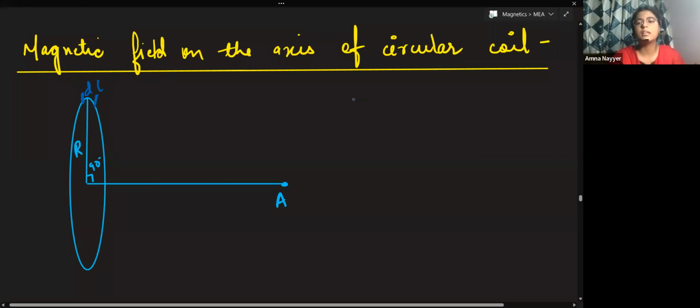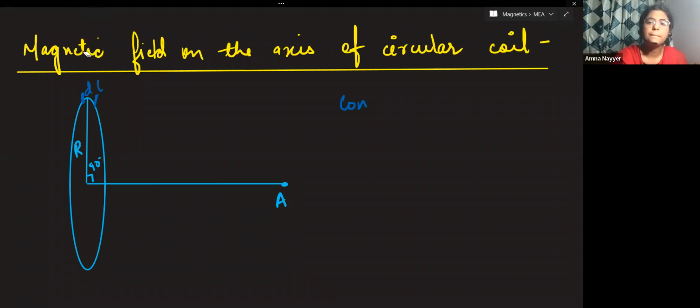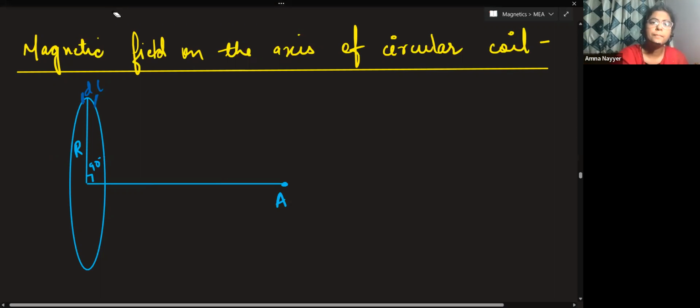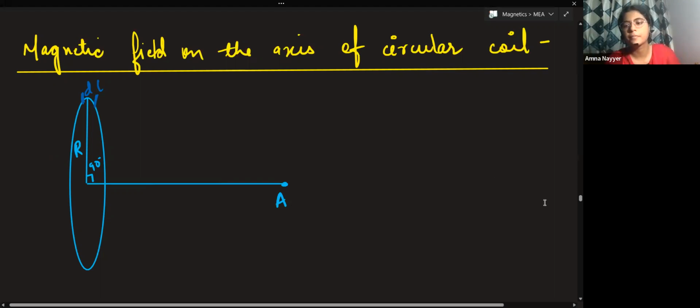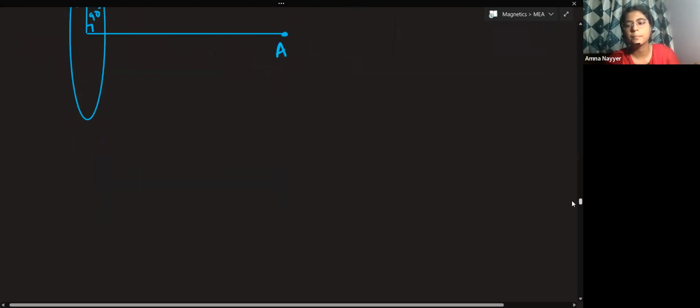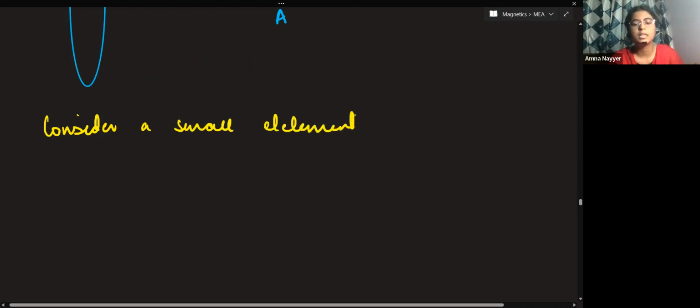So consider a small element, dl, and we can integrate to get B if we integrate all the dl's that are present.